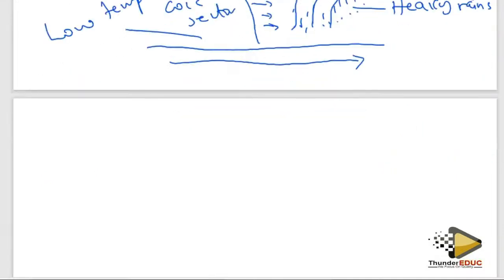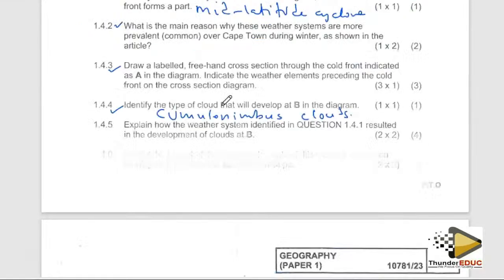Let us proceed to question 1.4.5, which says, explain how the weather system identified in question 1.4.1, which is a mid-latitude cyclone, resulted in the development of clouds at B. Right.